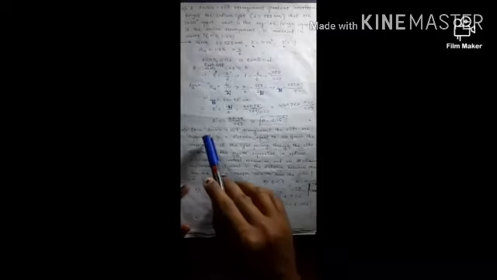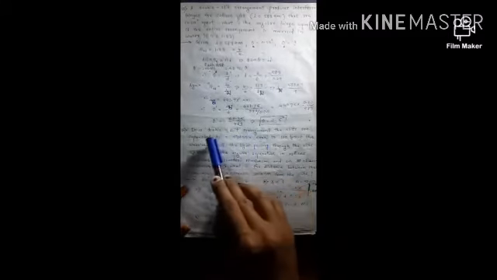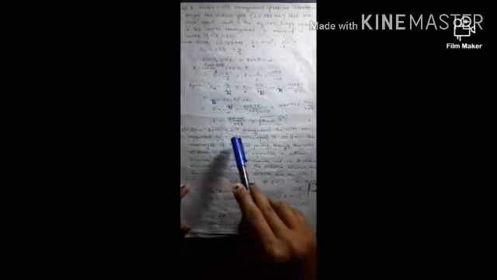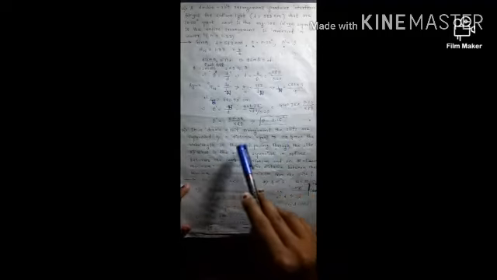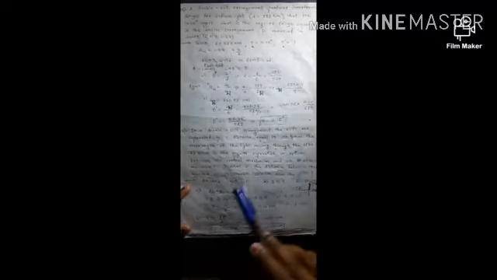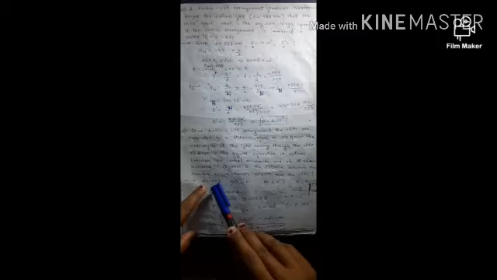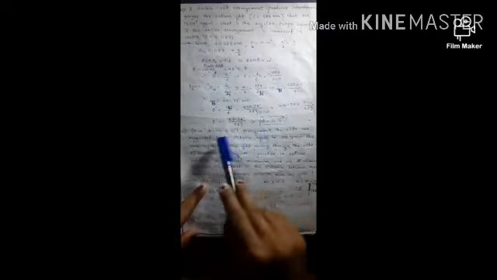Okay. Next example. In a double slit experiment, meaning in YDSE, the slits are separated by a distance equal to 100 times the wavelength of the light passing through the slits.